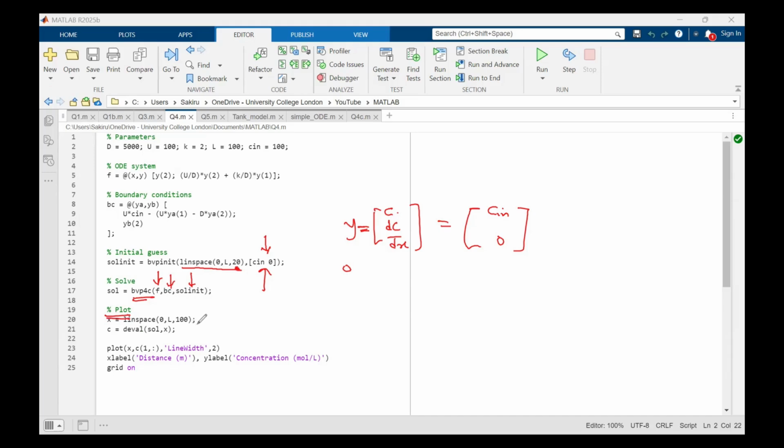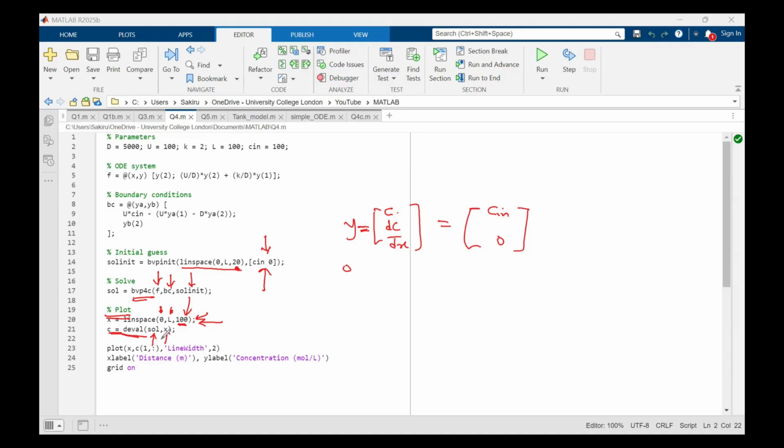So before you plot, we'll first specify the points that we want to extract the data points. The more data points you have, the smoother the curve. So now we want 100 points between 0 and L, so the inlet and the exit. And then we use this function, deval, to evaluate the solution at those points that we've just created.